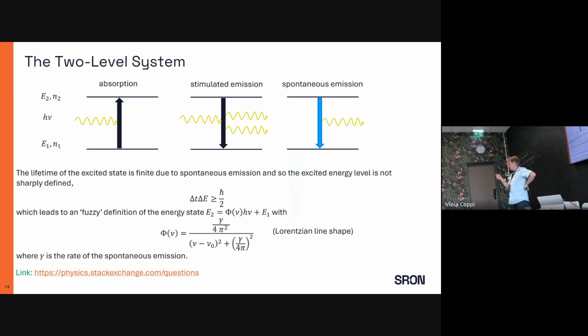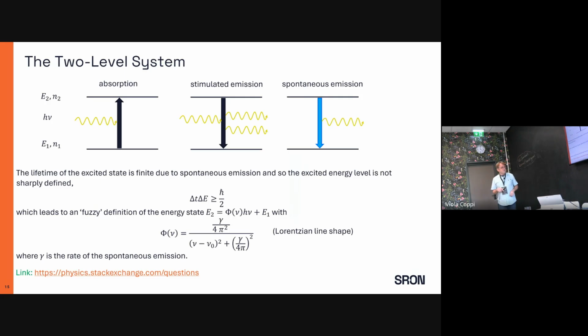Heisenberg said that if you have an uncertainty in time of a state, its energy is also uncertain, and it must follow that relation: delta T in time times delta E in energy must be larger than a certain quantity. So the longer a state exists, the more sharply the energy level is defined. The shorter, the more fuzzy it gets.